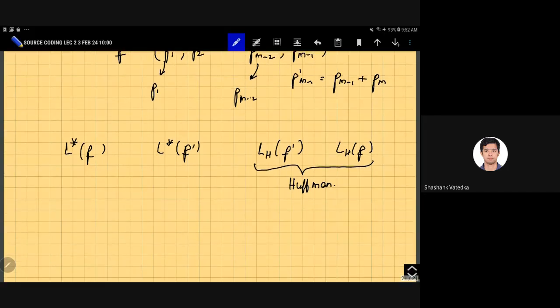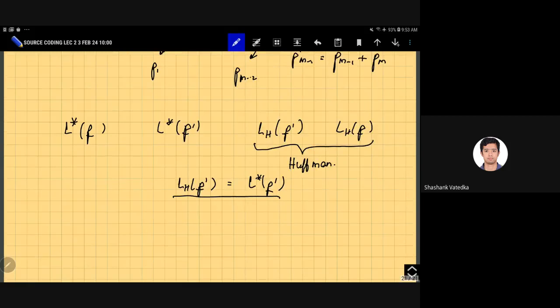So what do we know now? We know that LH of P prime is equal to L star of P prime. That's just by the assumption that we made in the induction step. Now what we want to show is that LH of P is equal to L star of P. That is what we want to show using this.